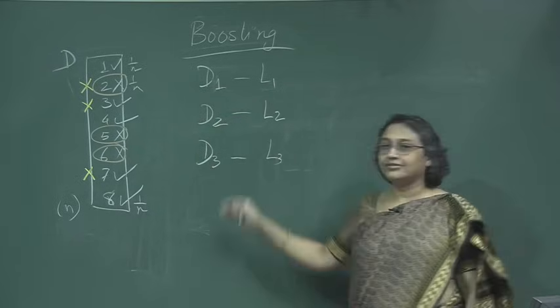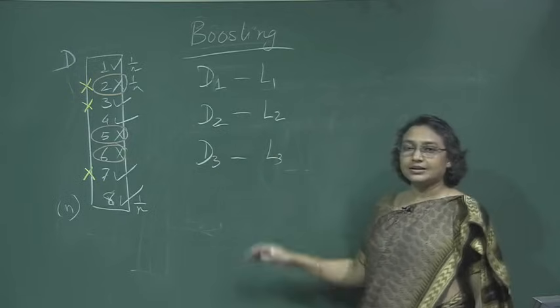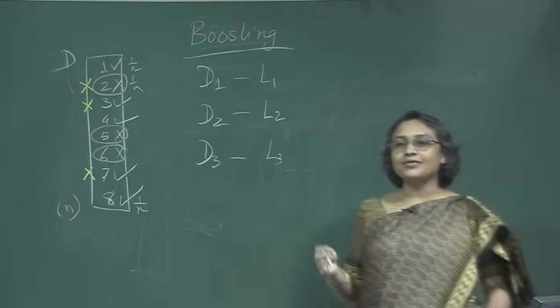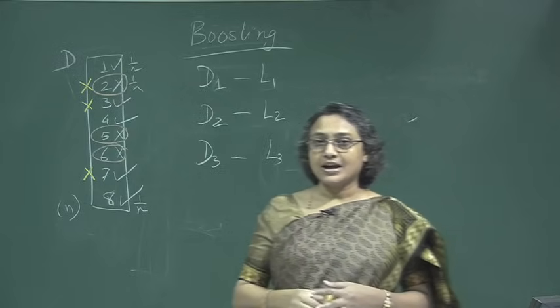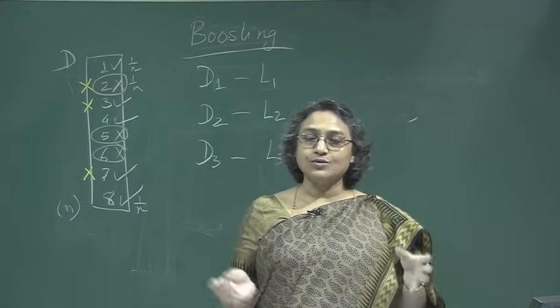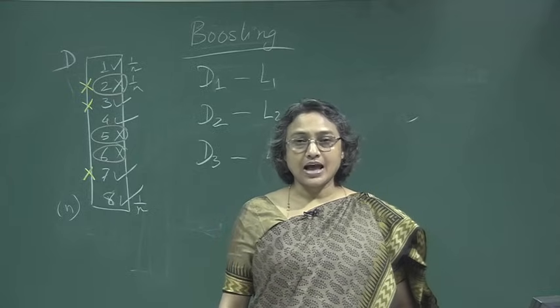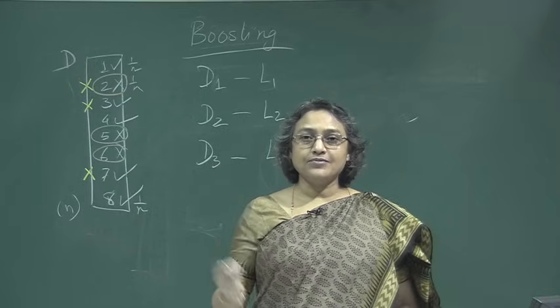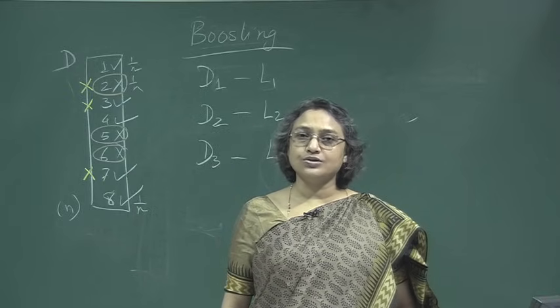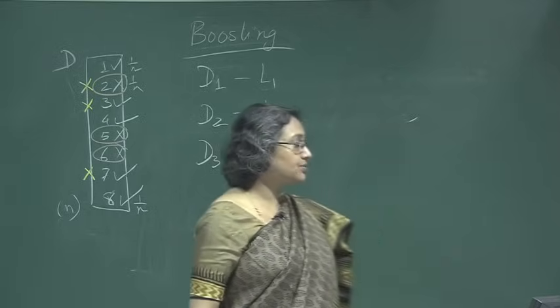We will get different data and different learners, and then we will combine these different outputs of the different learners by voting, and while voting we will assign a weight to each learner, and the weight will be somewhat related to how good the learner was. So, this is the basic boosting algorithm.